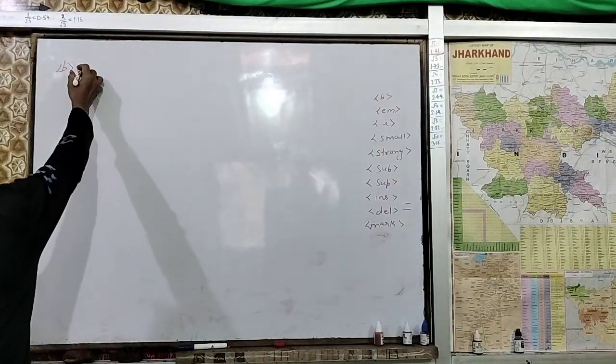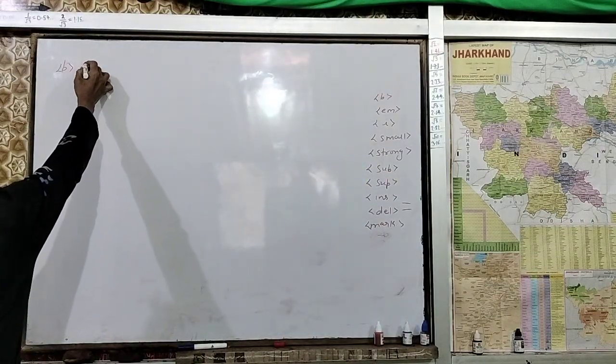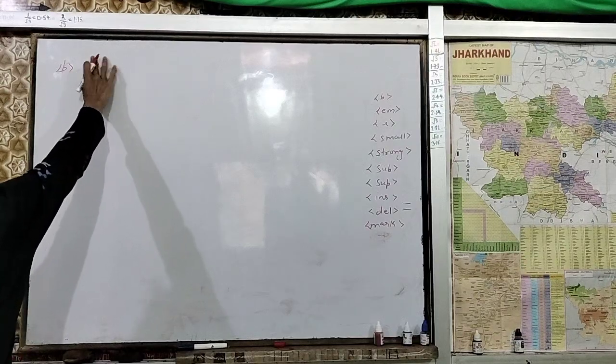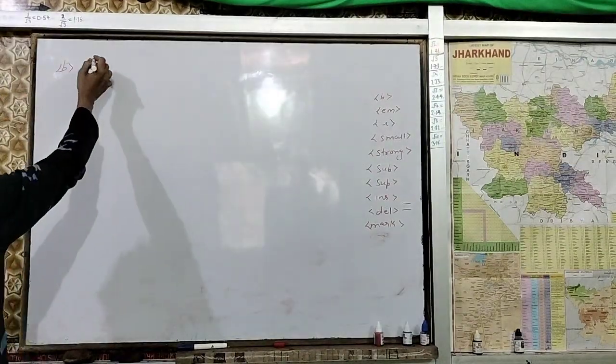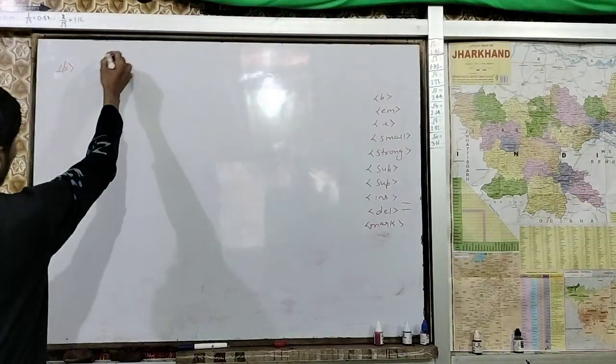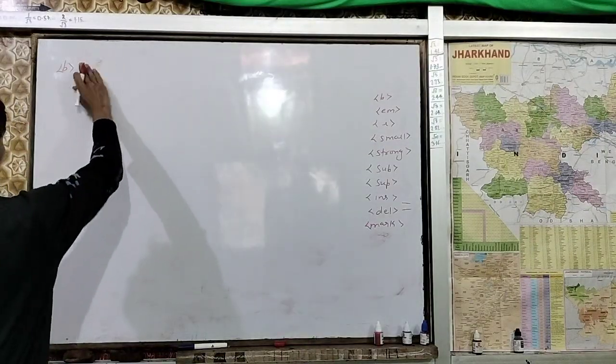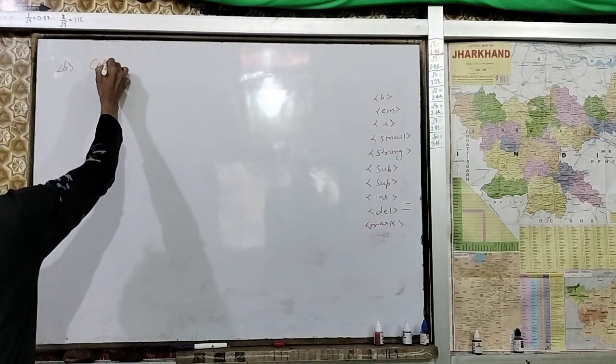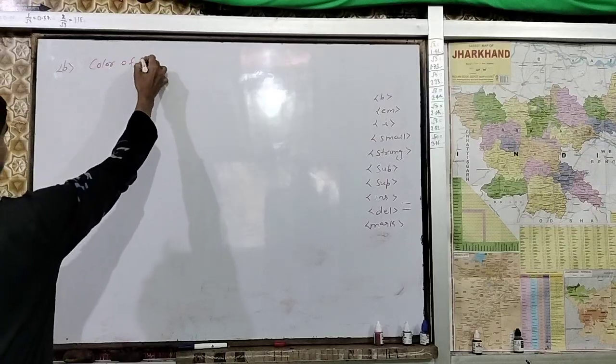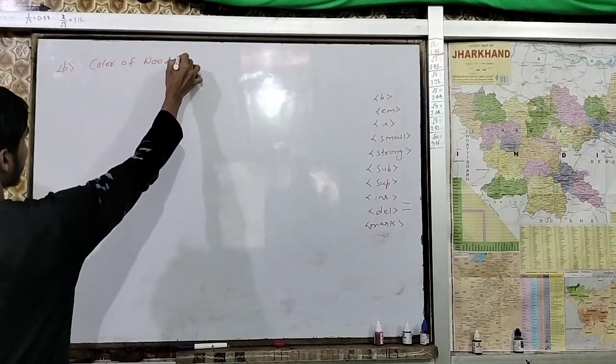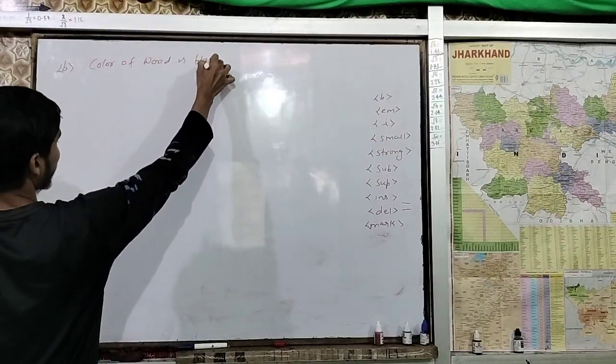Okay. So B, here we are saying that the color of wood is black.